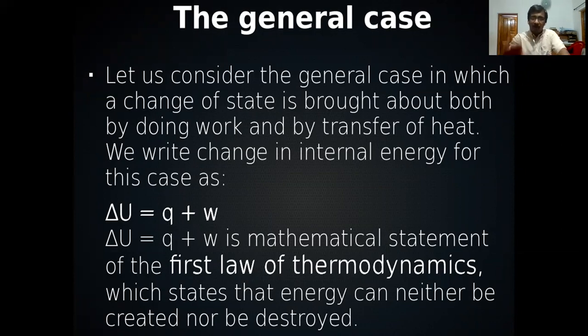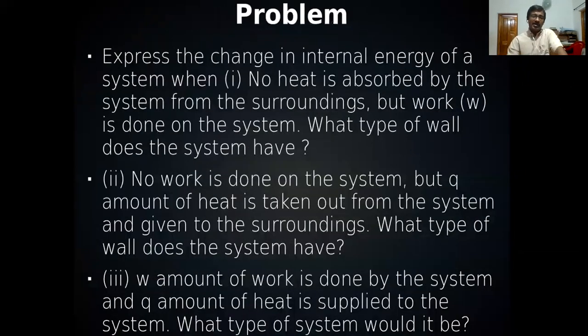In order to understand it properly, we can solve some problems here. Express the change in internal energy of a system, delta U, when, one, no heat is absorbed by the system from the surroundings, but work W is done on the system.